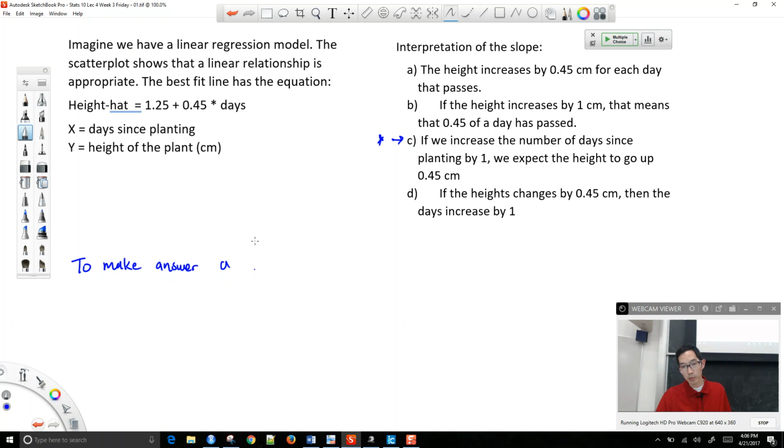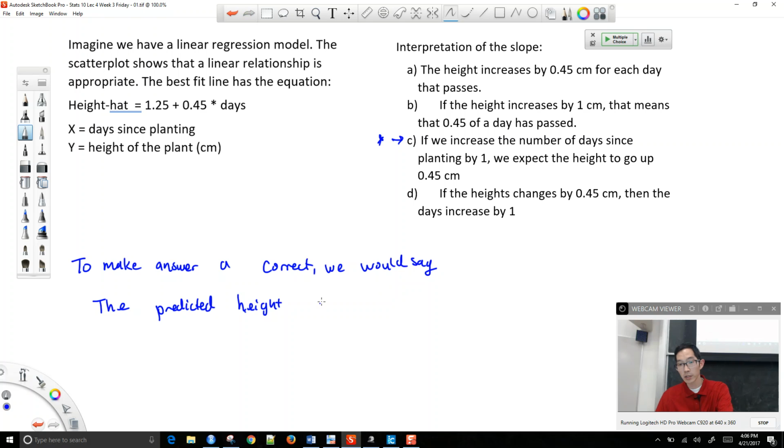So A is almost correct, but to make answer choice A correct, we would need to say the predicted height.